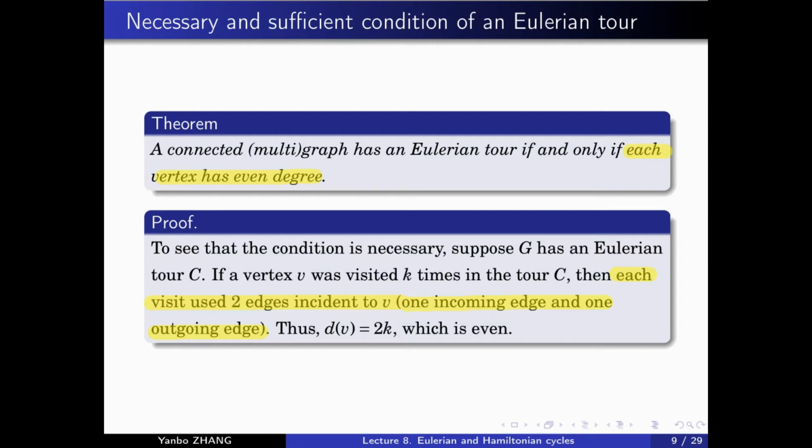Thus, the degree of V, d(V), equals 2k, which is even. This includes the starting vertex, because the first edge can be paired with the last edge at the first vertex.